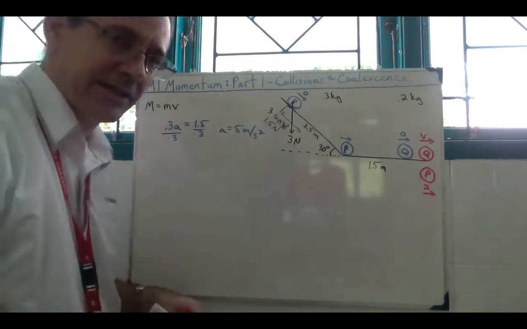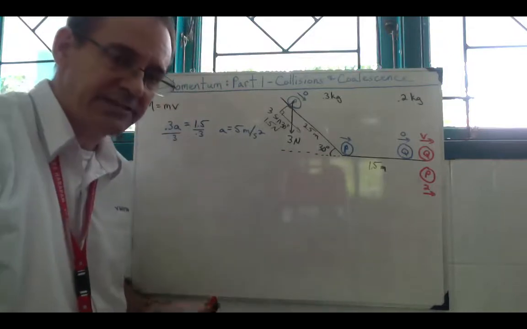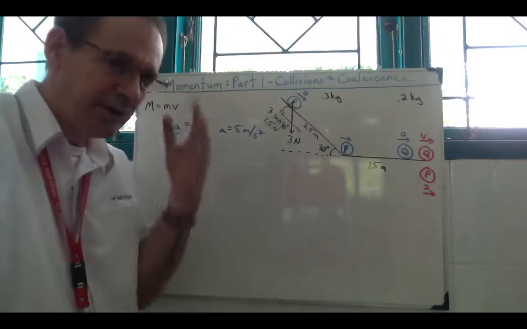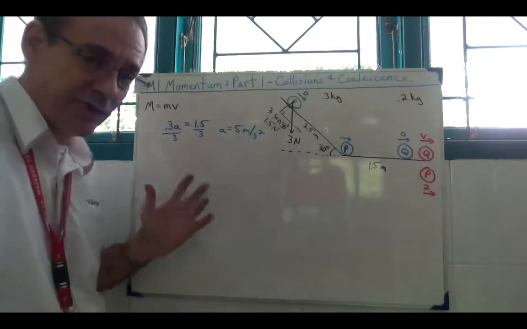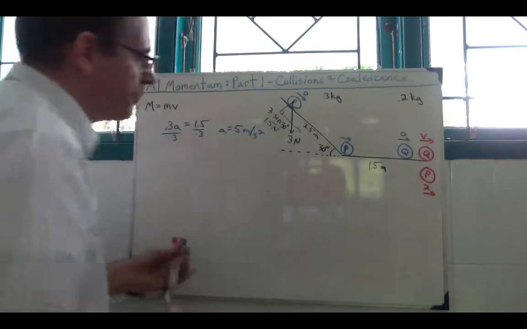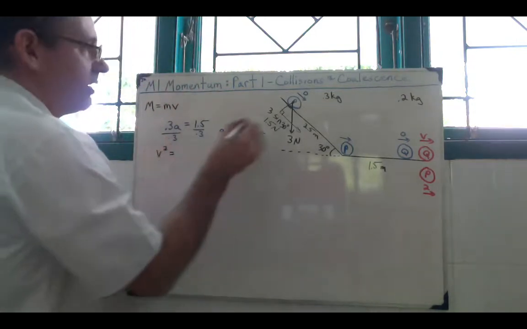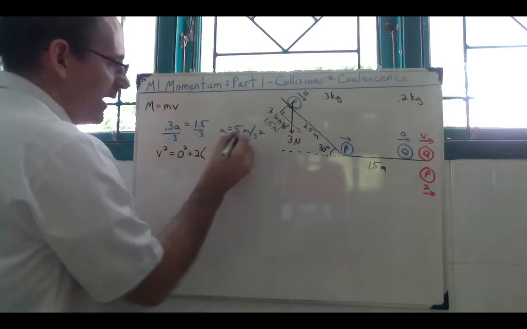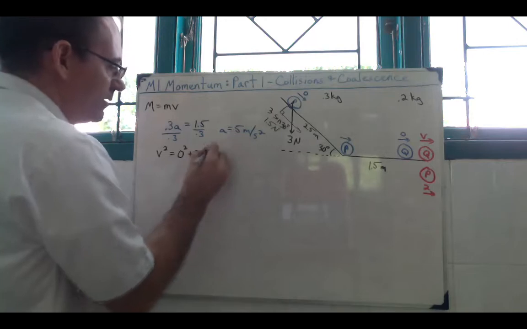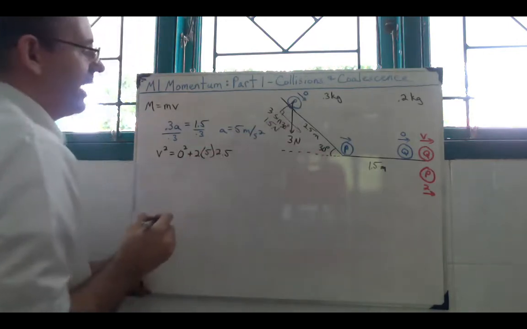So that's our acceleration. Now we need to calculate velocity. For velocity, we're going to use one of our suvat equations, which goes all the way back to the first unit. So we want v squared, our final velocity, equals u squared, our initial velocity, plus 2as, where a we just figured out and s is the distance, 2.5.